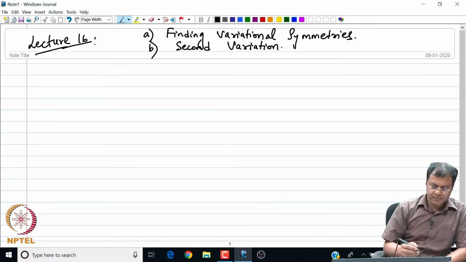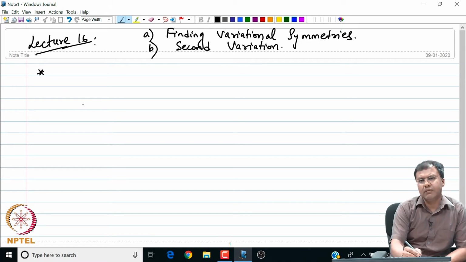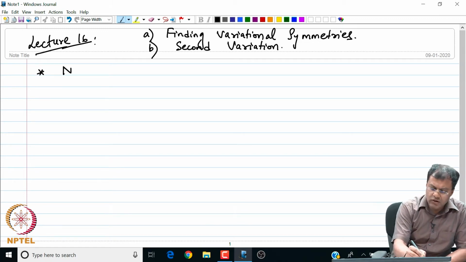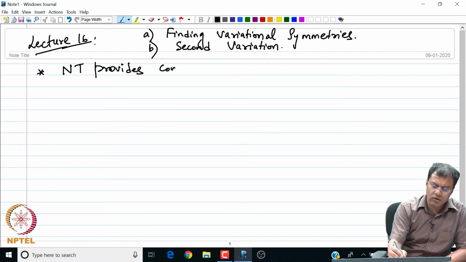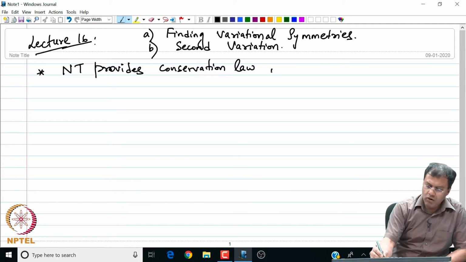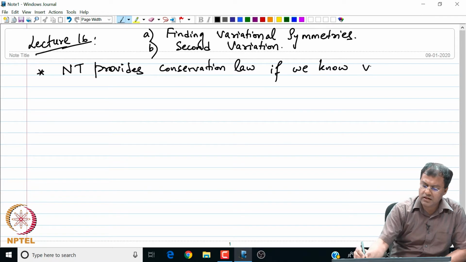As I had mentioned in my previous lecture, Noether's theorem provides me the conservation law if we know the variational symmetry.